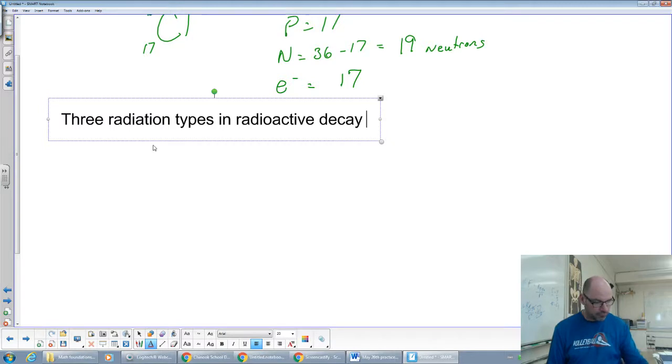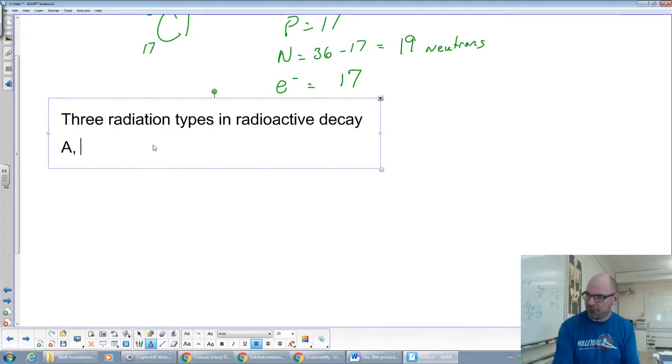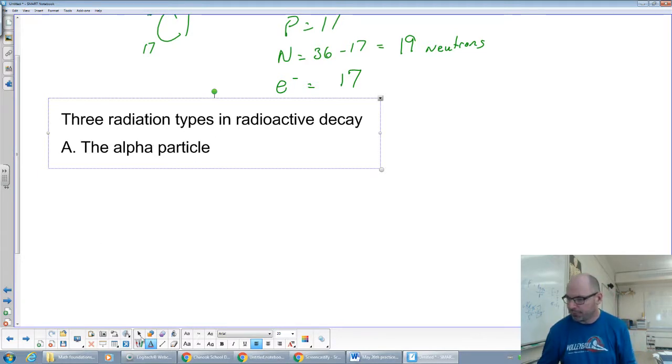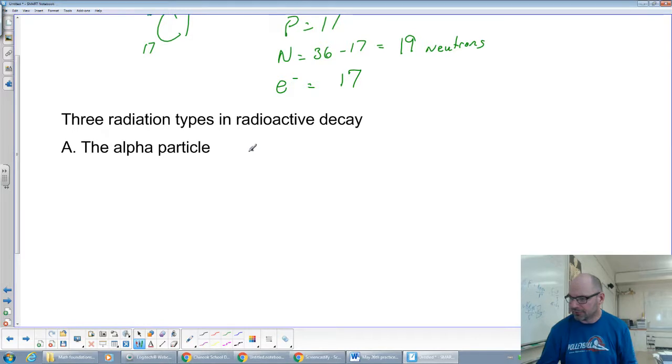So we've got the alpha particle. So when a bigger atom gives off an alpha particle, what it's actually giving off is... alpha particle symbols are usually written like the Greek letter alpha, the little one.